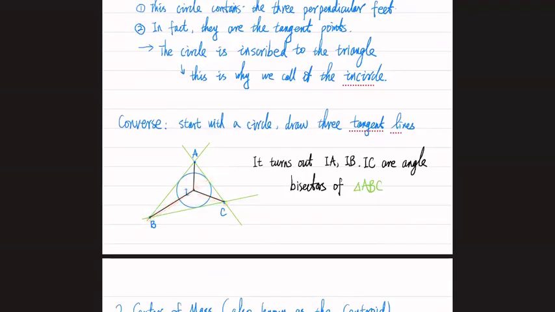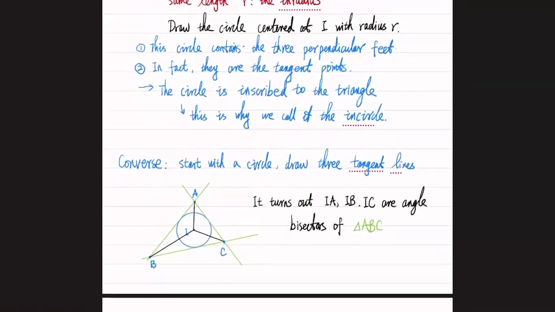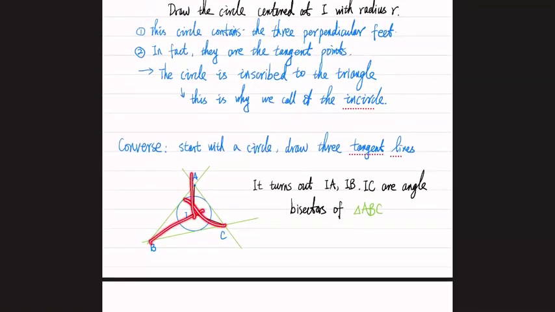At this moment, we don't know this is the angle bisector. We draw 3 angle bisectors by the previous construction. We know they are concurrent, and their intersection point is the incenter. This is the incenter, so there must be the angle bisectors.